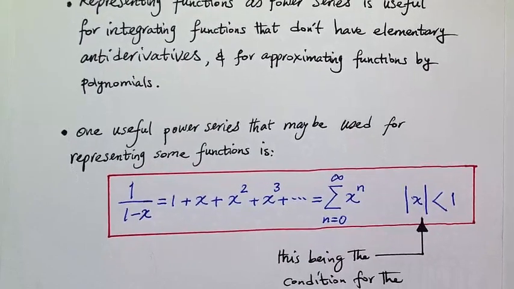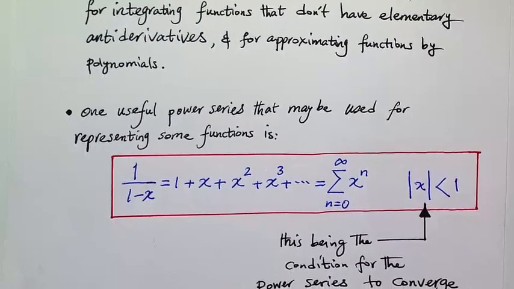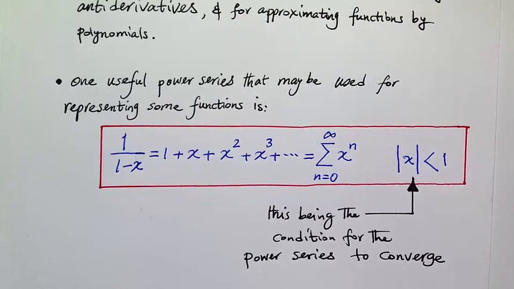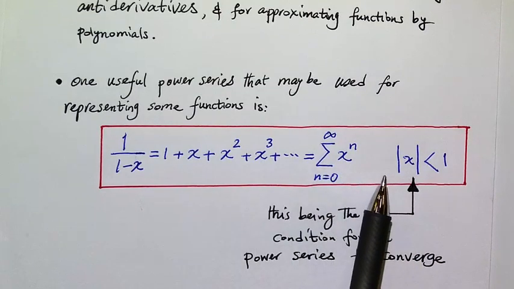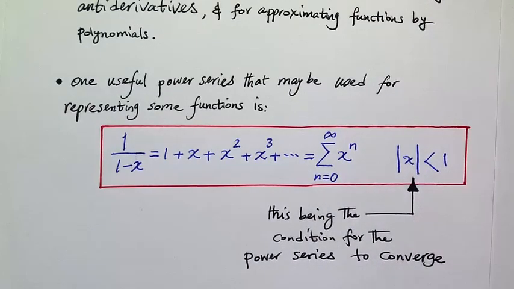Now for power series, one useful power series that may be used for representing functions is the one that you see on the screen right now. Now given this power series, the radius of convergence: this series converges when absolute value of x is less than 1.